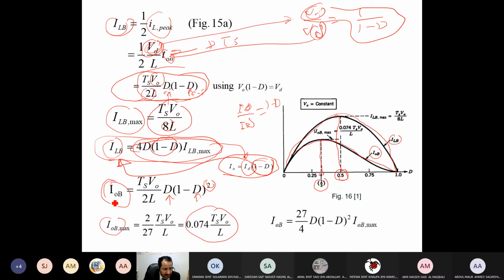Let me rewrite IOB in terms of IOB max. I got this formula. By the way, I'm just explaining to you where this formula came from. Otherwise, in the design problems, you will use the formula directly. I don't ask you how to derive it, but I want you to know where it came from.